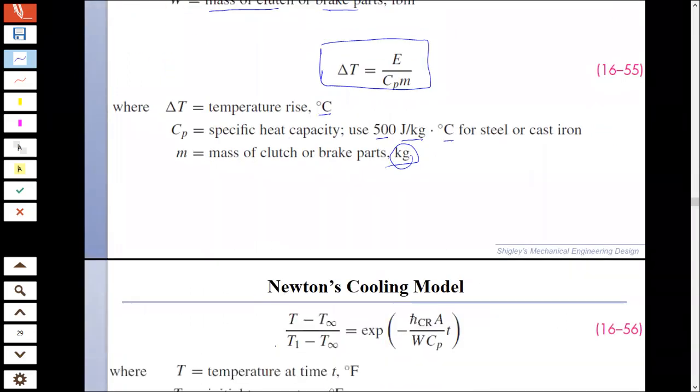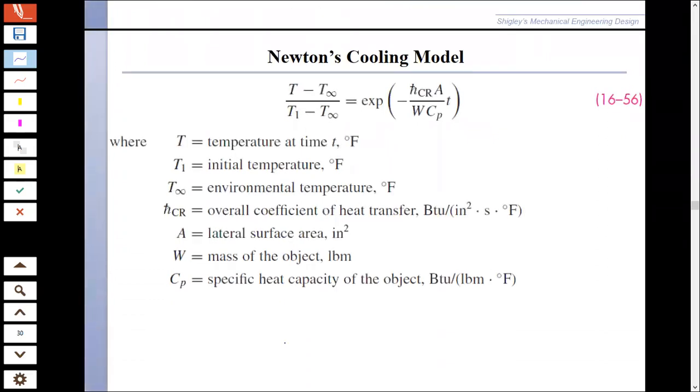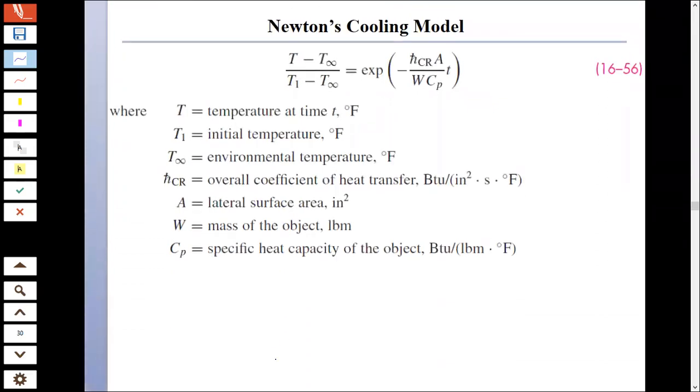We have another equation which is known as the Newton cooling model.